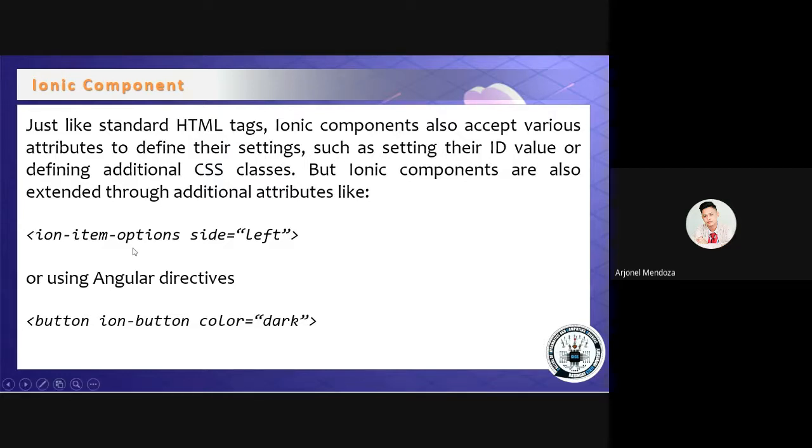Or using Angular directives, like ion-button color equals dark. So, that is the Ionic component. As we build our sample applications later, you will become more familiar with the Ionic component library.